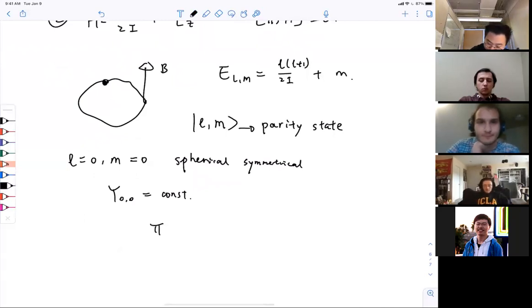Definitely this corresponds to an even parity state.